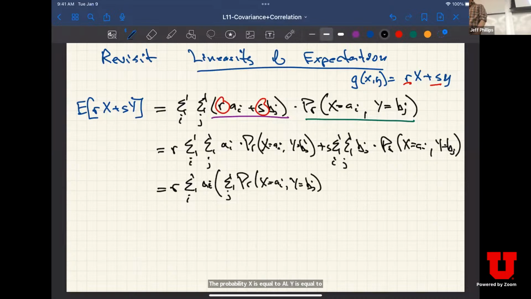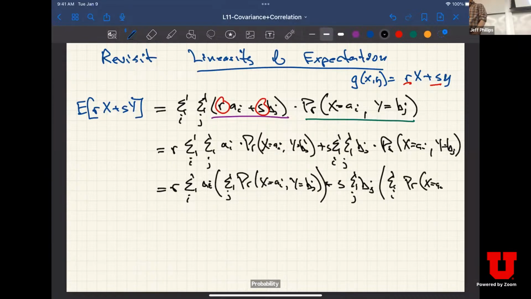And I can do the same thing over here: S, sum over J, BJ. Now I'm going to push in the I here, probability X equals AI, Y equals BJ.